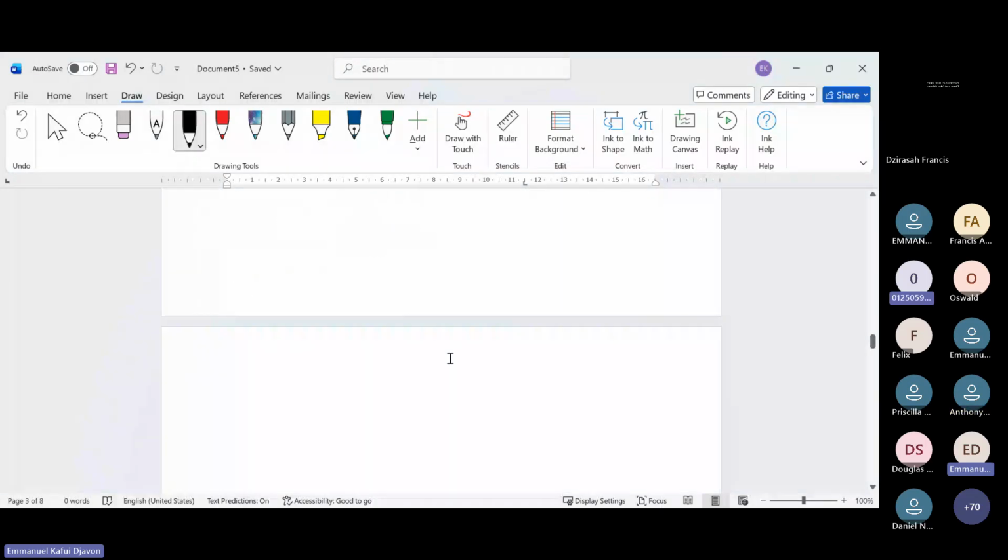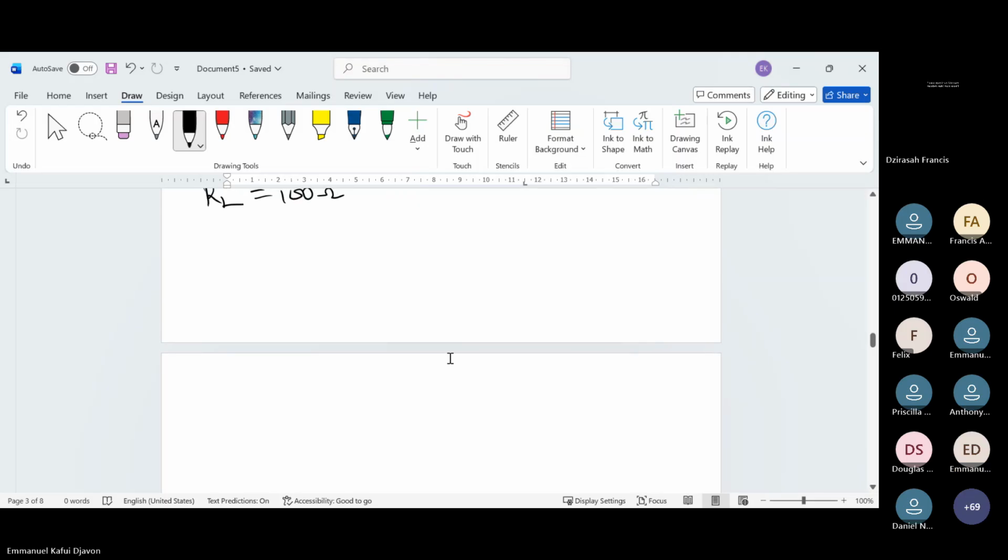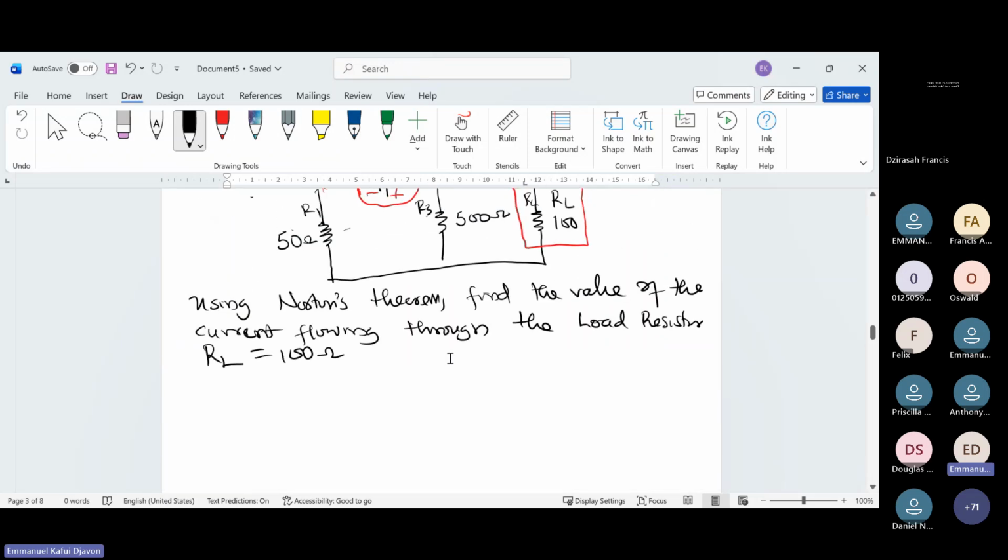So let's see what we have. Between the 200 and the 500, you do product over the sum. Between the 200 and the 300, you do product over the sum.